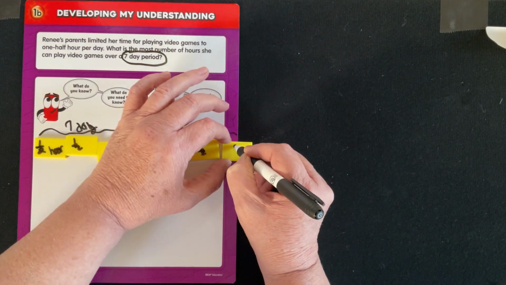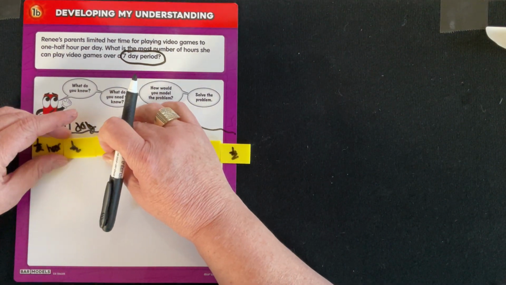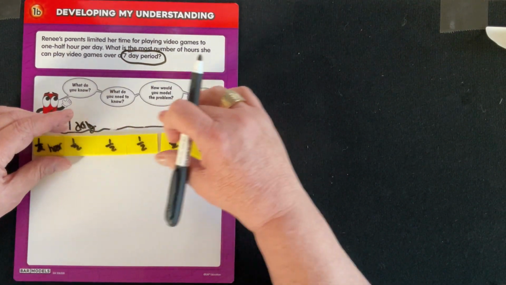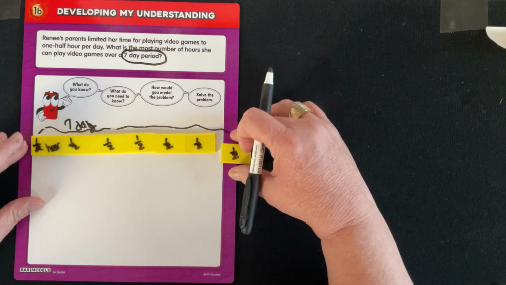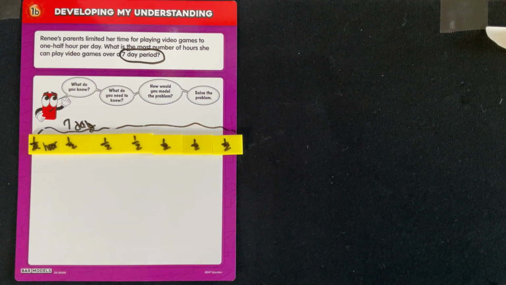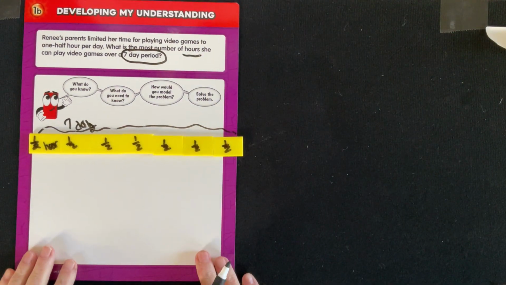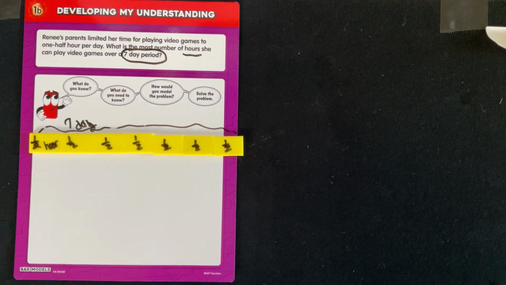That's right, because that is the amount of hours that Renee's parents have limited her per day. So we are joining these together to find out the total number of hours that she can play over 7 days.